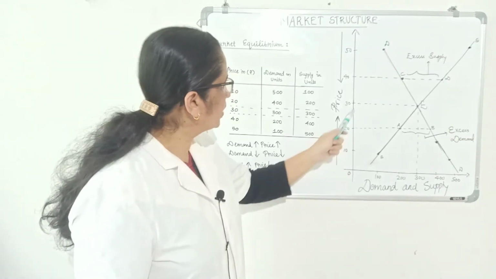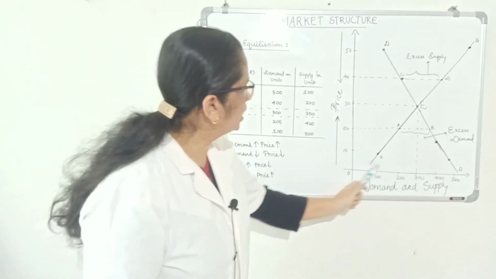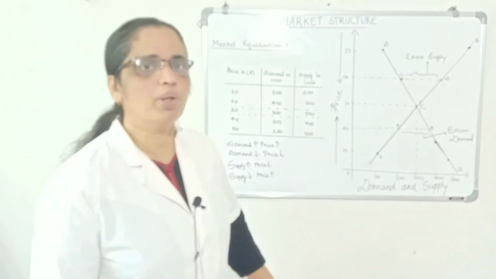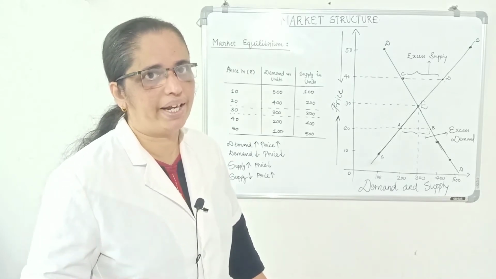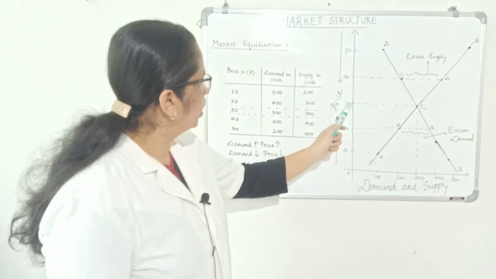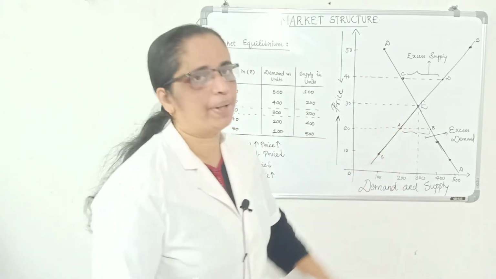So here rupees 30 is the equilibrium price, 300 is the equilibrium quantity. Equilibrium quantity means the quantity demanded and supplied. So at equilibrium price, demand is equal to supply.